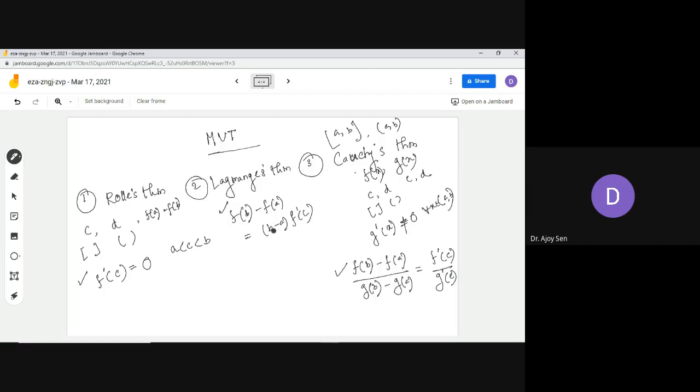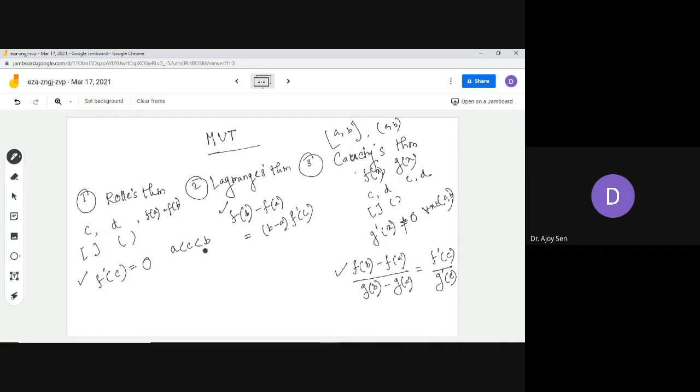For the application of Rolle's theorem, the first two conditions, the continuity part and the differentiability part, are trivially satisfied. No problem will be there. But the third condition you need to satisfy, and this requires a little bit of algebraic manipulation. These manipulations will give you a function which satisfies Rolle's theorem, and then you apply the conclusion of Rolle's theorem that f dash c will be 0, and from this conclusion you can at once derive Lagrange's result.